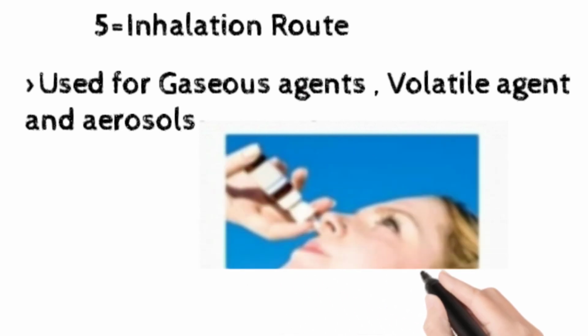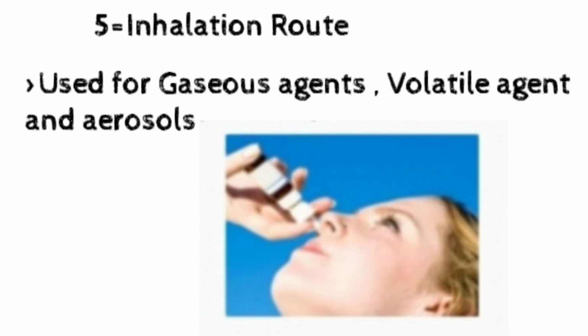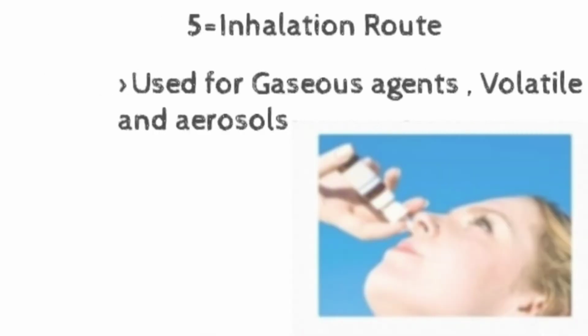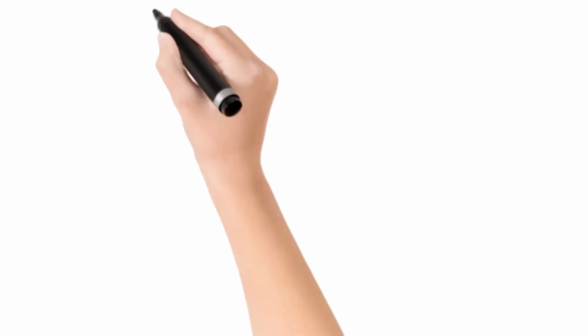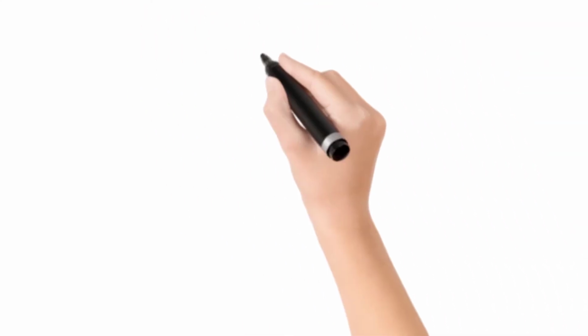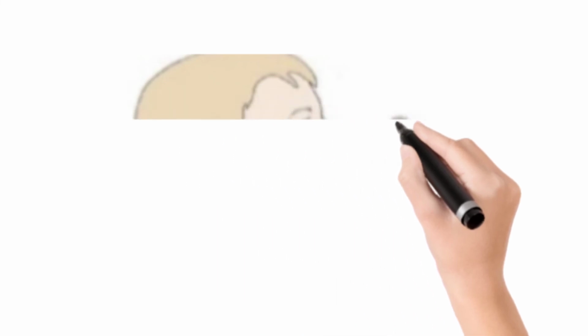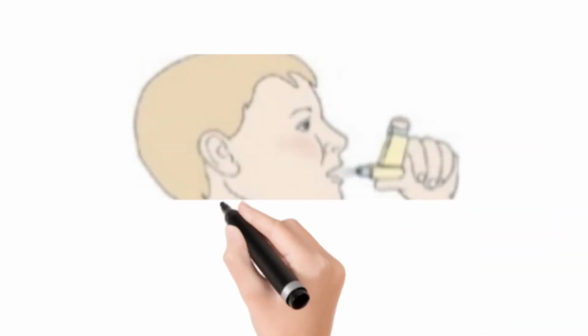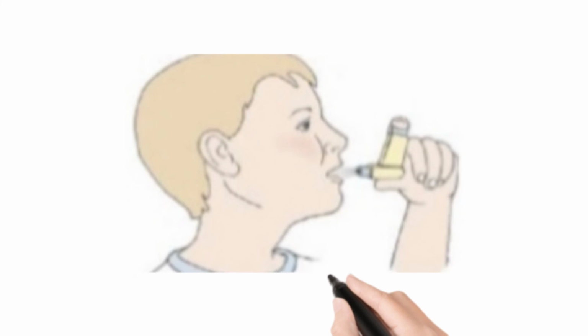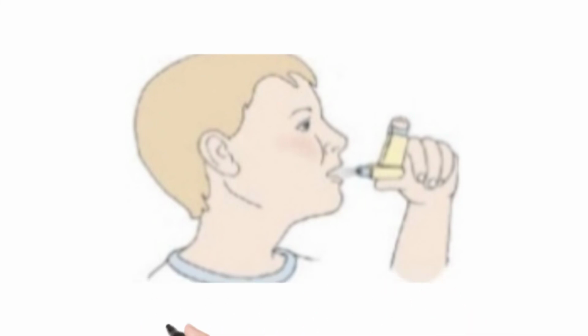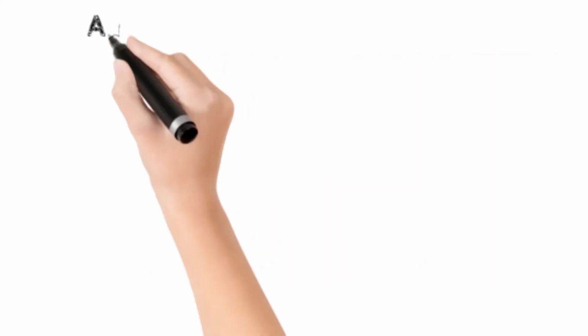The patient uses the inhalation route. The patient inhales the substance through the nose. Now look at another diagram. Here the patient uses a nebulizer, a device by which he takes the drugs.